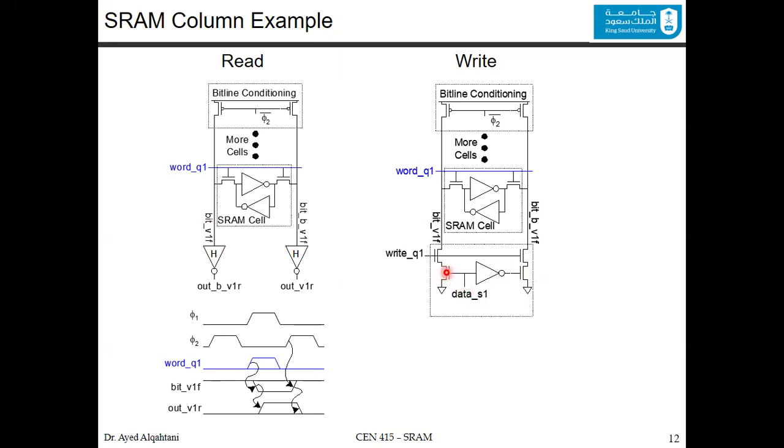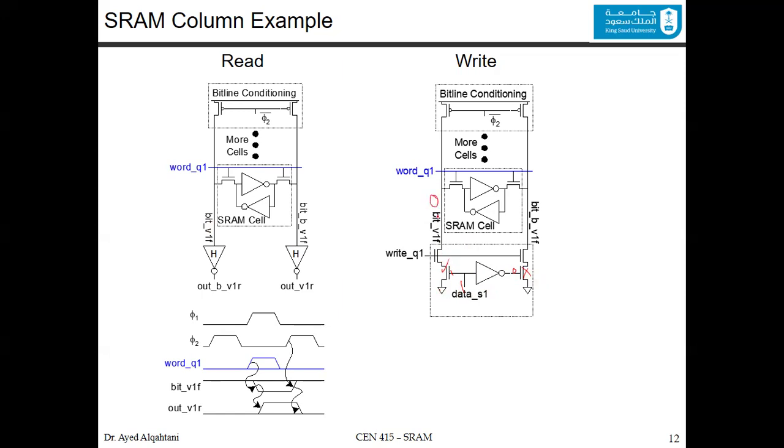Let's say that this one is on. If this one is on, meaning that you're having the value here equal to 1. So here is 1, and this transistor is on, and here is 0, and this transistor is off. Now the value that will go to the bit line is actually 0.